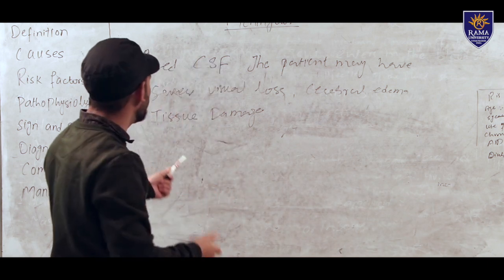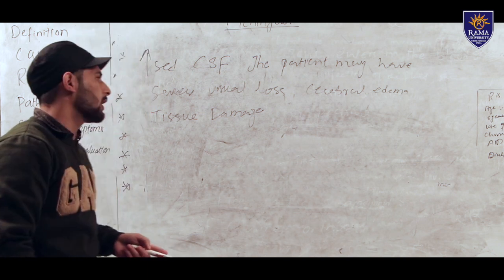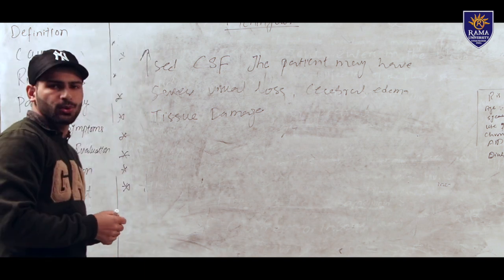So these are the complications of the meningitis. The patient may have severe visual loss, cerebral edema, and tissue damage.